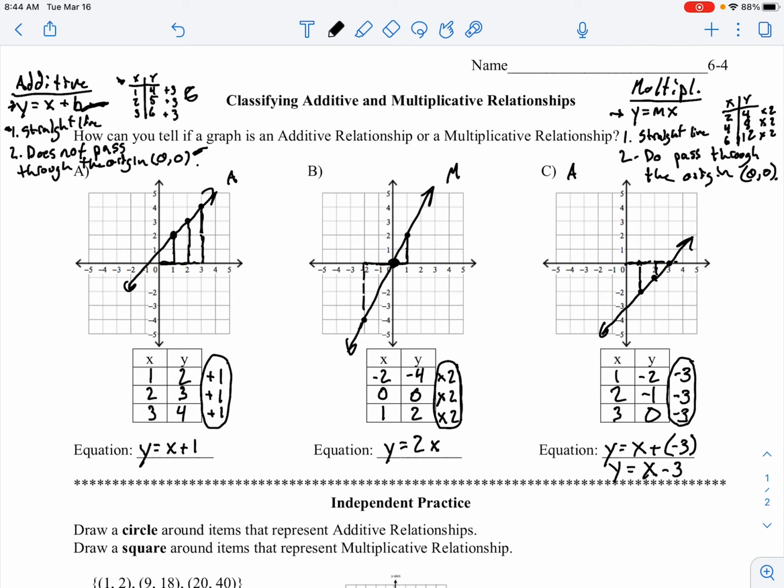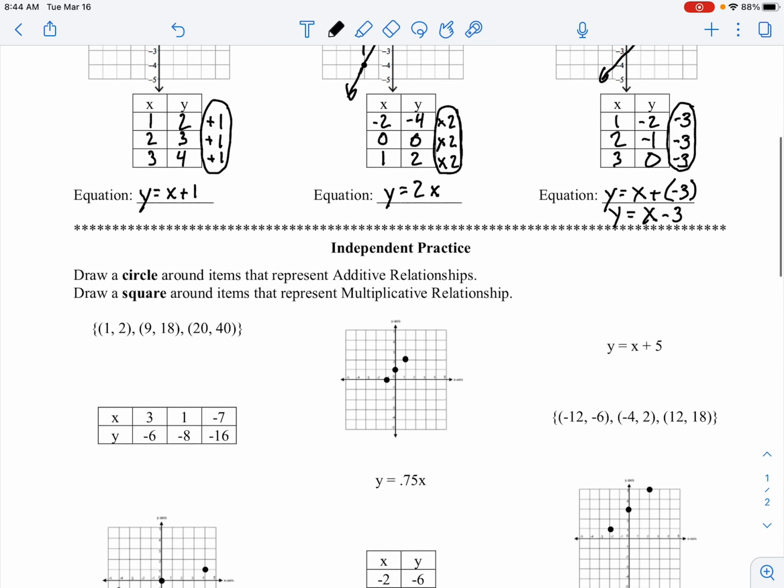For multiplicative, it follows the format y equals m times x. In a table, if we are multiplying by the same thing to get from our x to our y values, or if we have a graph, it will be a straight line that does pass through the origin. So if it passes through 0, 0, and it's a straight line, you'll know right away it's multiplicative. And then we tested out each of those methods here for our examples.